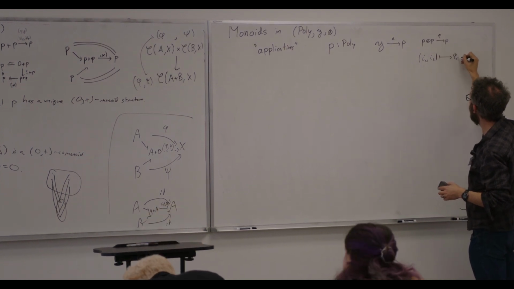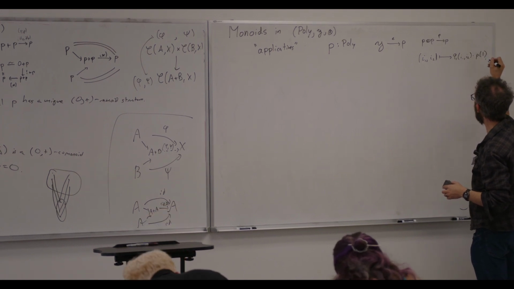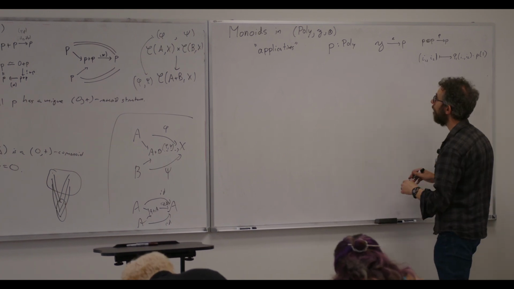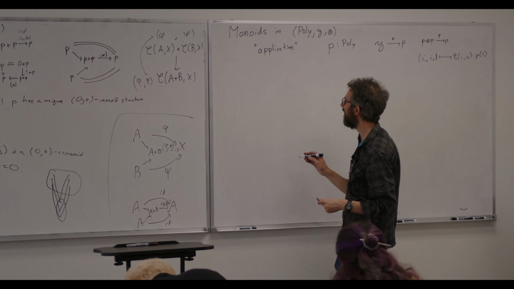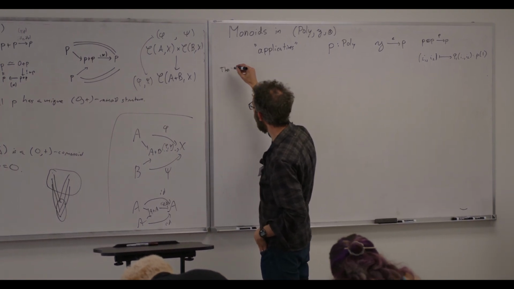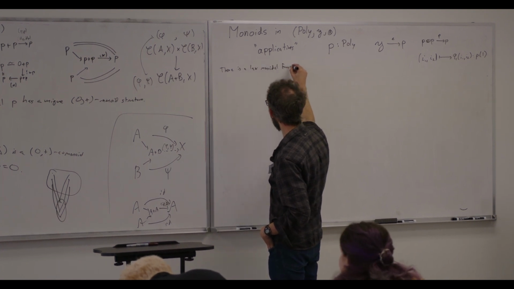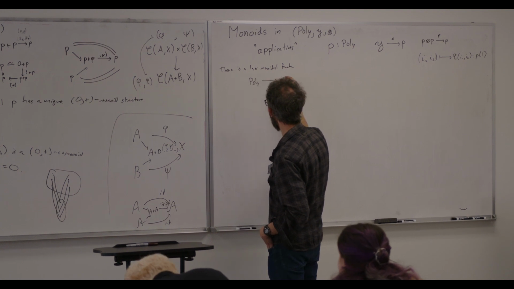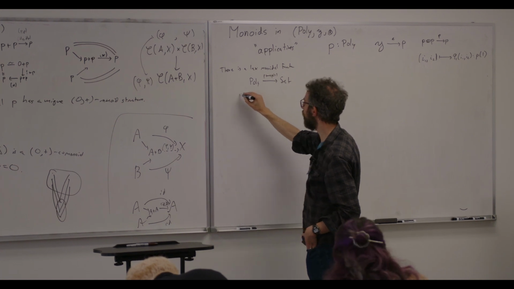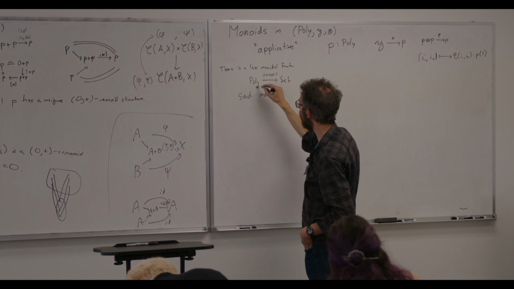So phi of I1, I2 is a position of P. What I want to say is there is a lax monoidal functor from poly to set that sends every polynomial to P of 1. And lax monoidal functors send monoids to monoids. This sends tensor to times.